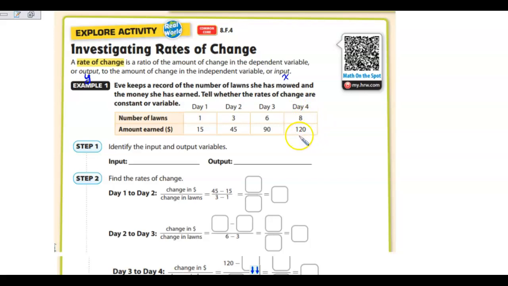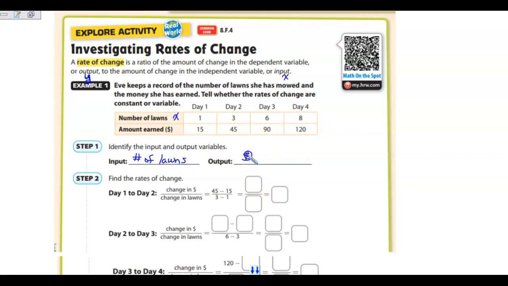So what we're looking at is to determine whether or not this was a constant rate of change or a variable rate of change. So let's first identify our input and output variables. Input is your x value. That's the number of lawns. So that's our x value. Our output is how much she earned.